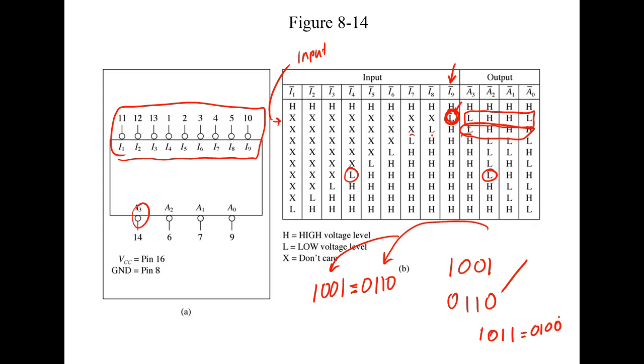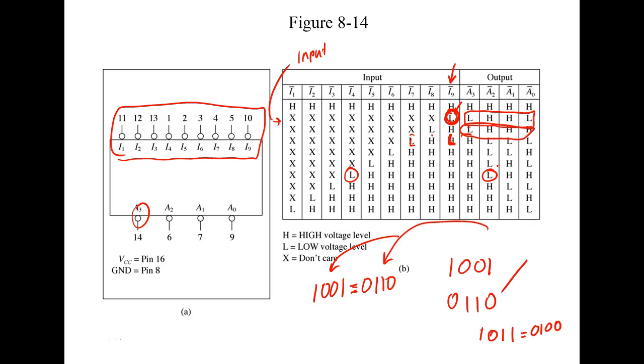Now, this is also called a priority encoder, which means the highest one wins. If you ever have two inputs that go low at the same time, so if this guy right here goes low, and this right here is low, it's still going to decode a 7.